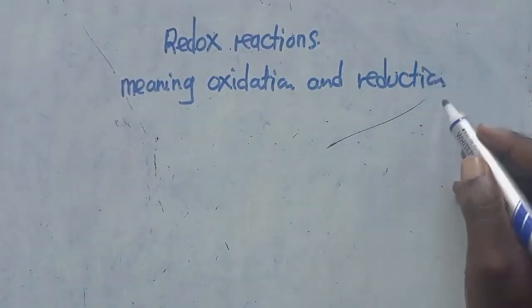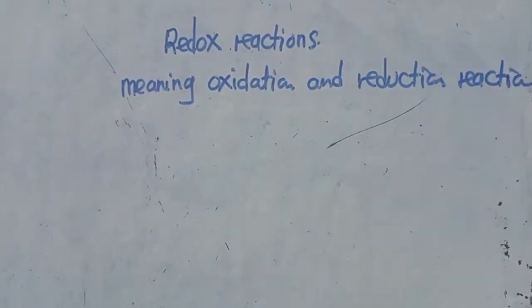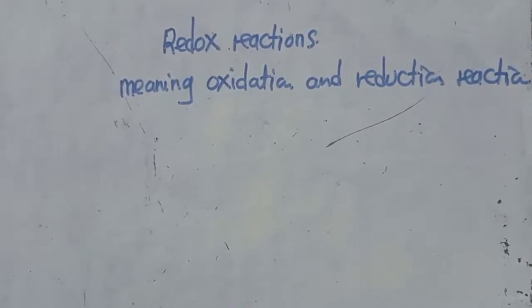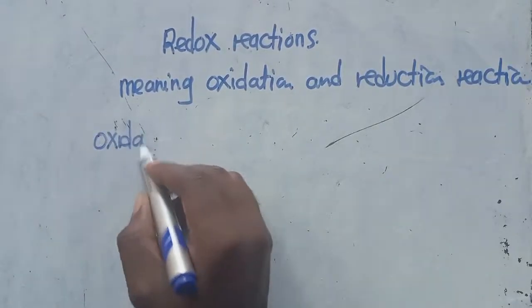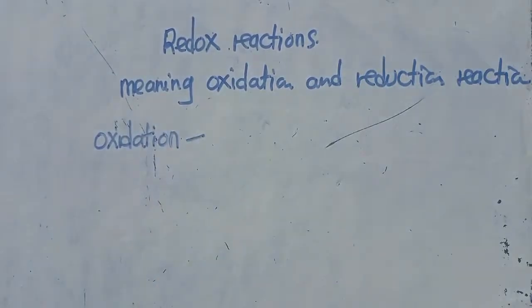Reduction reactions. When we say this is a redox reaction, it means that oxidation and reduction are taking place. So they are called what? Redox reactions. You are quite right. Whenever we are talking about oxidation, how do we define oxidation?